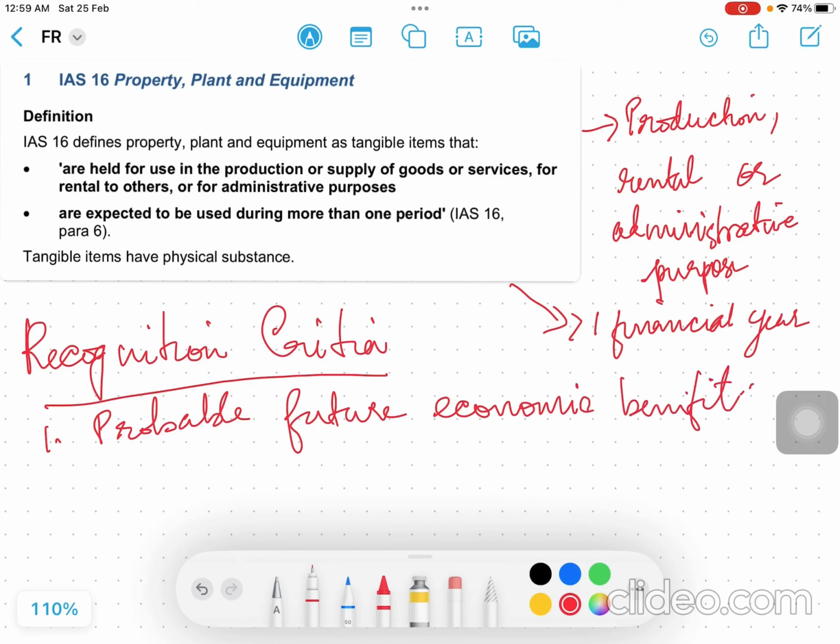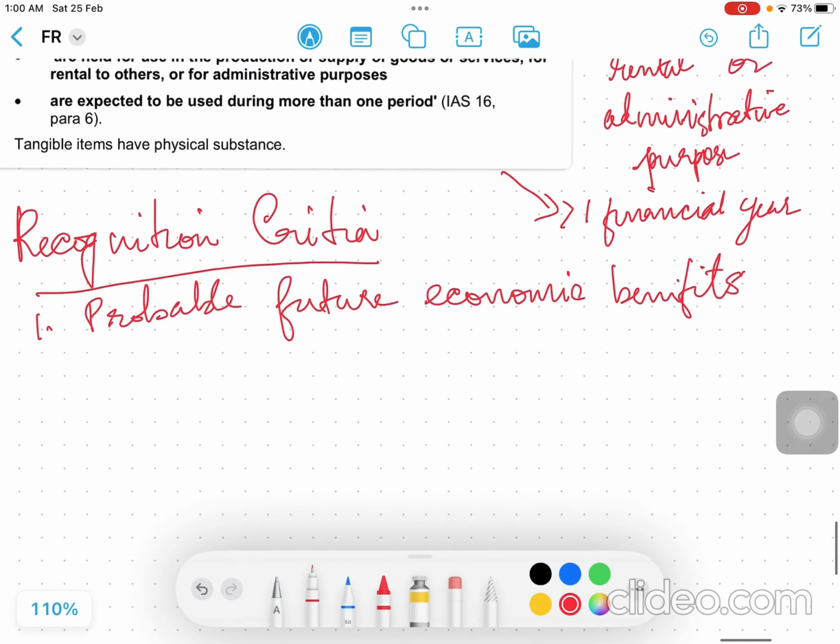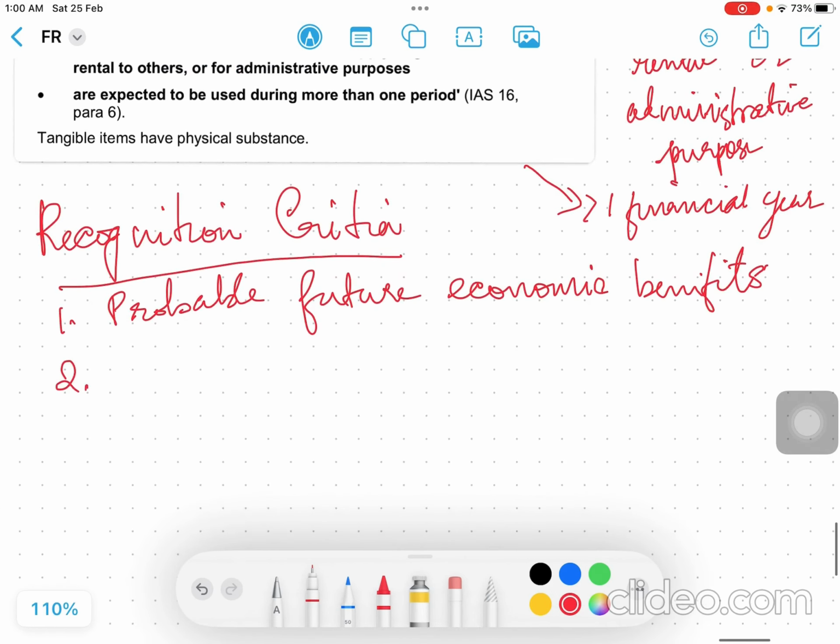This basically means that the asset in question should bring you future economic benefits associated with the asset. That means it should bring you cash flows or profits or any other type of benefits in the future and should be economic in nature. The second condition is that it should be cost reliable. That means the asset should have a cost that can be reliably measured.